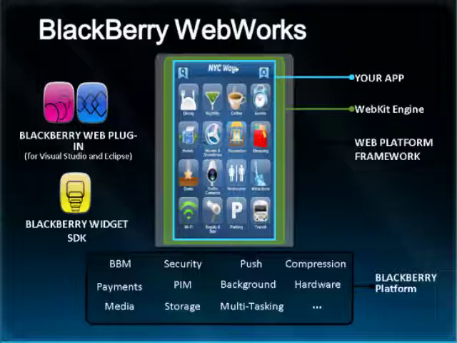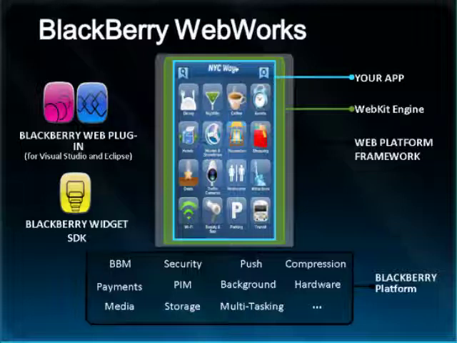But the good thing is that this platform has access to pretty much everything on the device. If you want to use push to push messages to this application, yes, you can. If you want payments, you can have them. If you want to access all the personal stuff like PIM, address book, calendar, yes, you can.